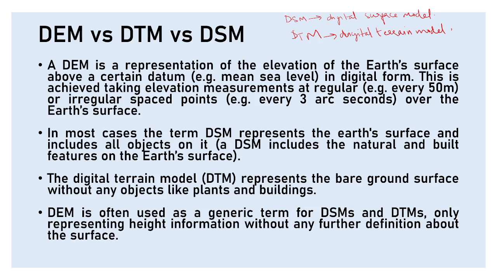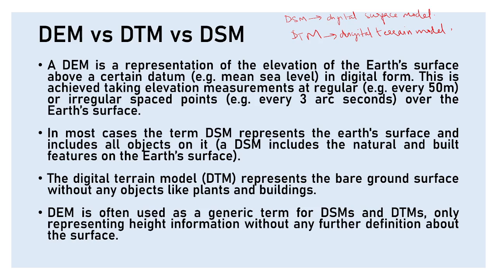So in most cases the term DSM represents the earth's surface and includes all the objects on it. Even if it is natural or man-made, whatever it is, in DSM you see all those things like plants, buildings, all represented in the digital surface model. But the digital terrain model represents the bare ground surface without any objects.